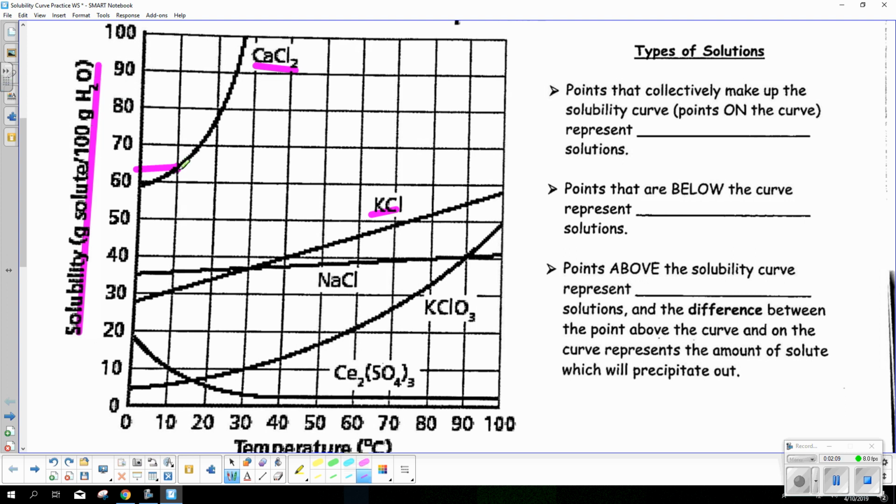This is called the saturation point. That's where you have the maximum amount of material that will dissolve in 100 grams of water, and that changes with temperature.